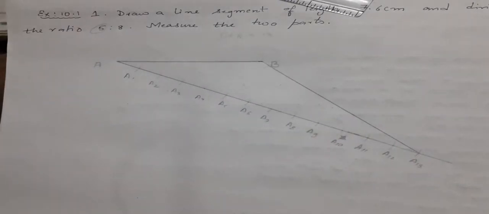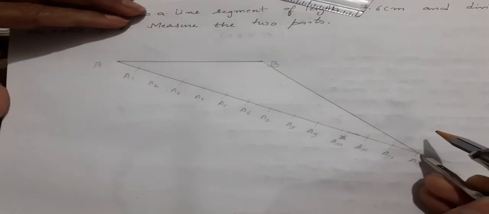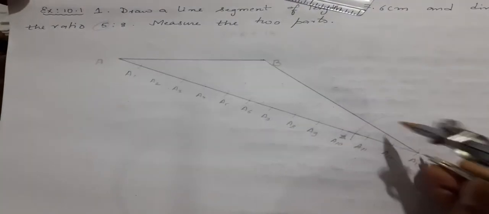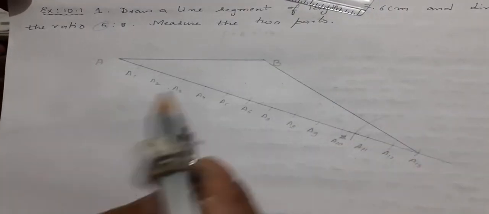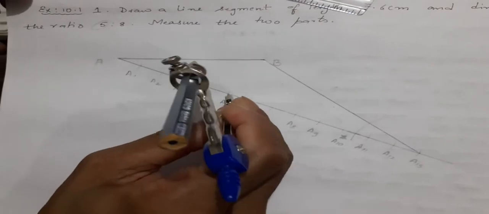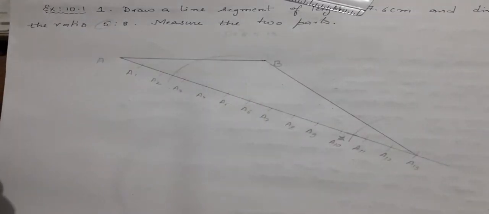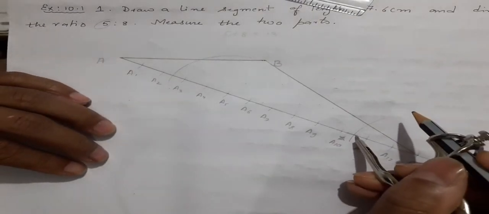So to do this, you choose any suitable arc here like this. Don't change this. Bring it to A5. Do the same thing here without changing the arc. Now measure how big was this angle.